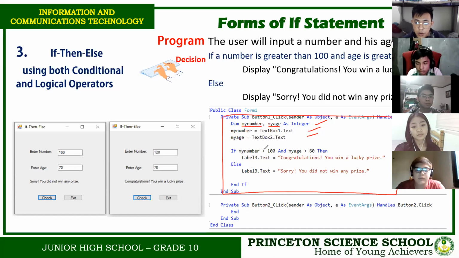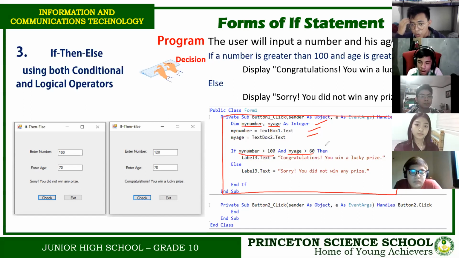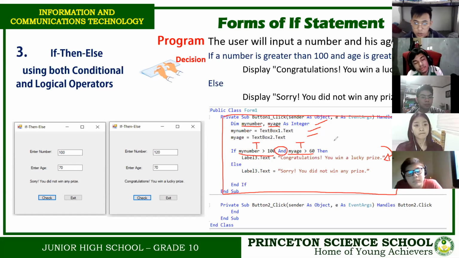Looking at our condition, as he said earlier, the first condition is my number is greater than 100, then my age is greater than 60. If both conditions are true, it will go to the first VB expression. Since we are using the AND logical operator, remember that it is only true if both statements are true.